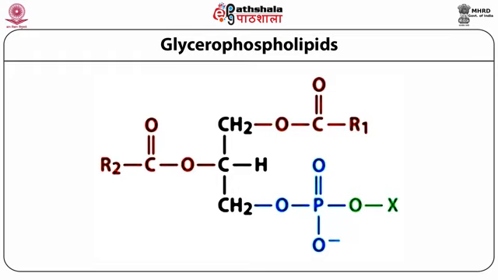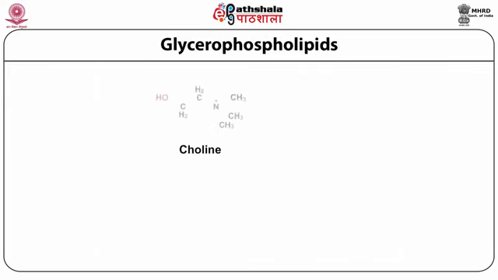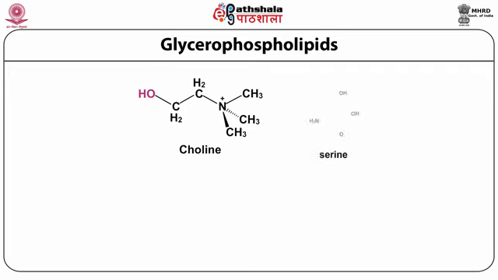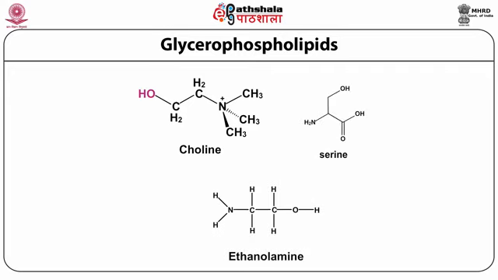They are called acids because of the presence of the phosphate group forming a monoester with the terminal CH2OH of the glycerol. The phosphate group is ionized and can pick up a proton. Phosphatidic acids are present in biomembranes but in very small amounts.